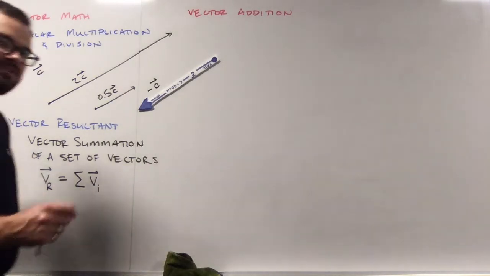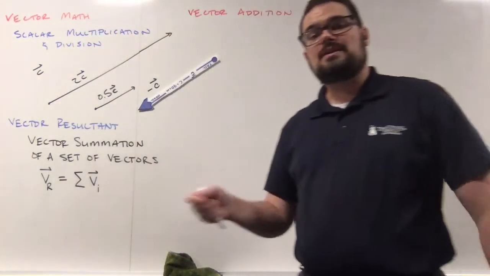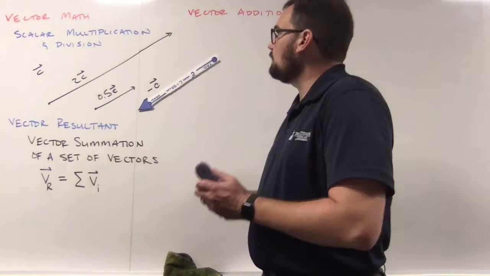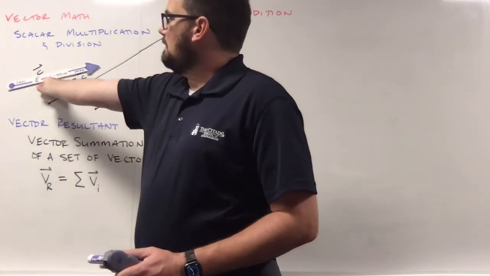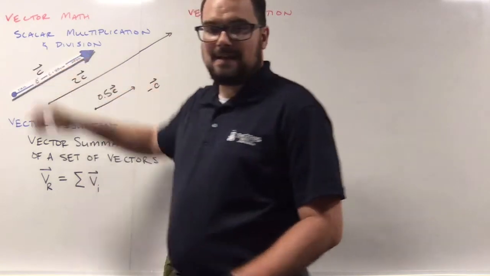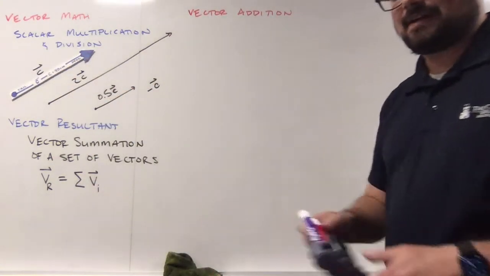And we can't just add up the magnitude, because when we do vector addition, when we do summation, we are going to have to think through both the magnitude and the direction. And so with that in mind, let's start talking about our vector addition.